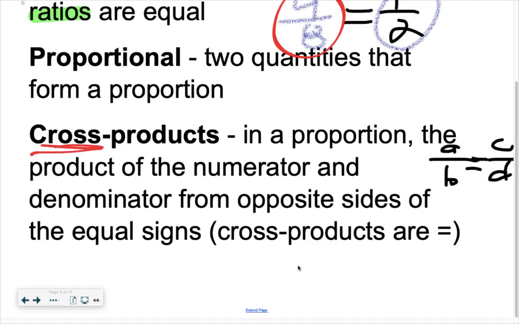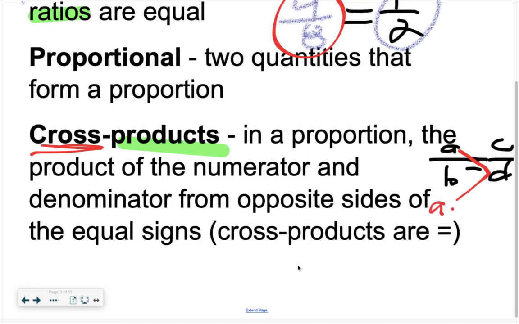Well, there's a couple of phrases here. First off, one is cross. So when we say cross, everybody say cross. Did you say cross? Cross means going diagonal. So we're going to go across, down here, and we'll ricochet off. And then this word product is our other important word. Product means to multiply. Everybody say multiply. Did you say it?